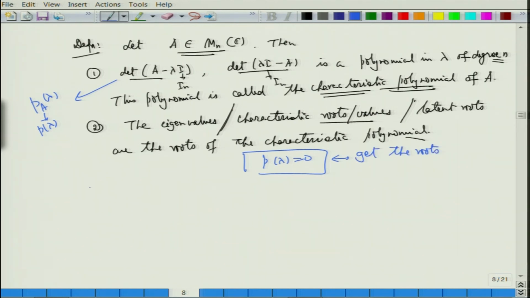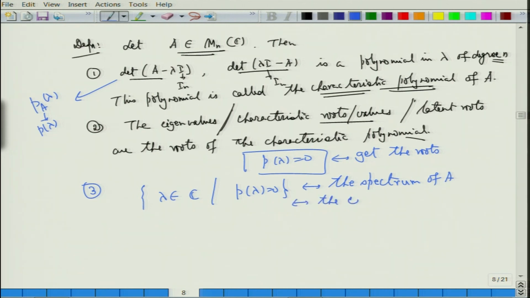Third, look at all this set of lambda belonging to C such that P lambda is 0. This set is called the spectrum of A, which is the same thing as saying the collection of eigenvalues of A. Is that okay?